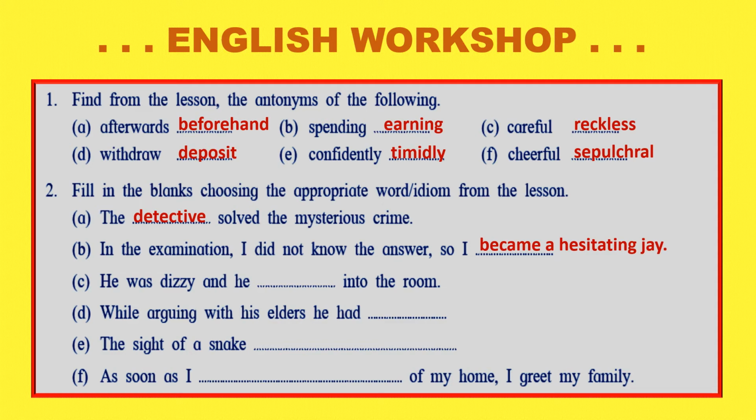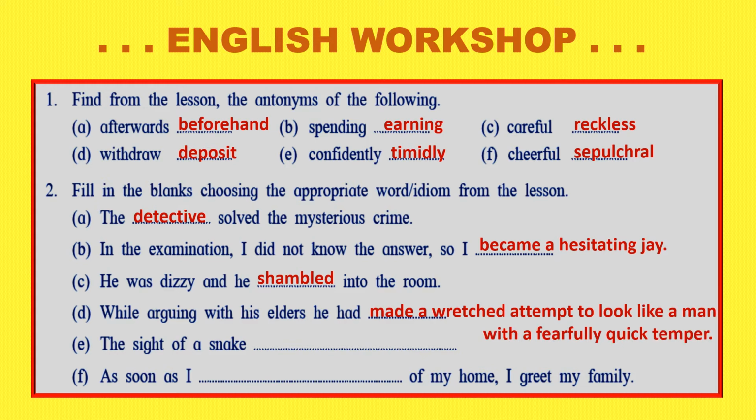He was dizzy and he shambled into the room. Words from the lesson. While arguing with his elders, he had made a wretched attempt to look like a man with a fearfully quick temper. The sight of a snake rattled him. As soon as I cross the threshold of my home, I greet my family.